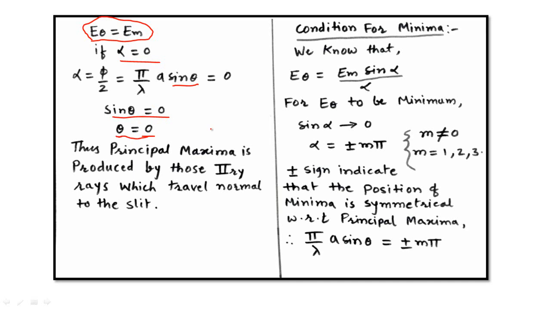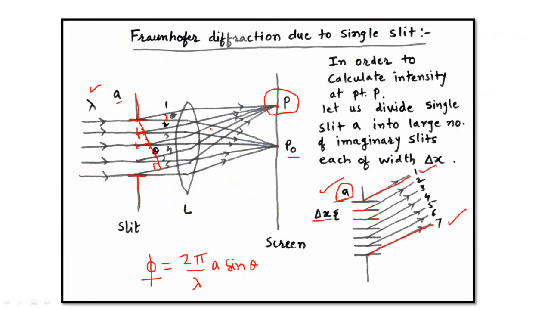Now just look at the rays for which theta, that is angle of diffraction theta, is 0. Here these are the secondary rays which are traveling in the direction of normal, and for all such secondary rays which travel in the direction of normal, the angle of diffraction theta is 0.